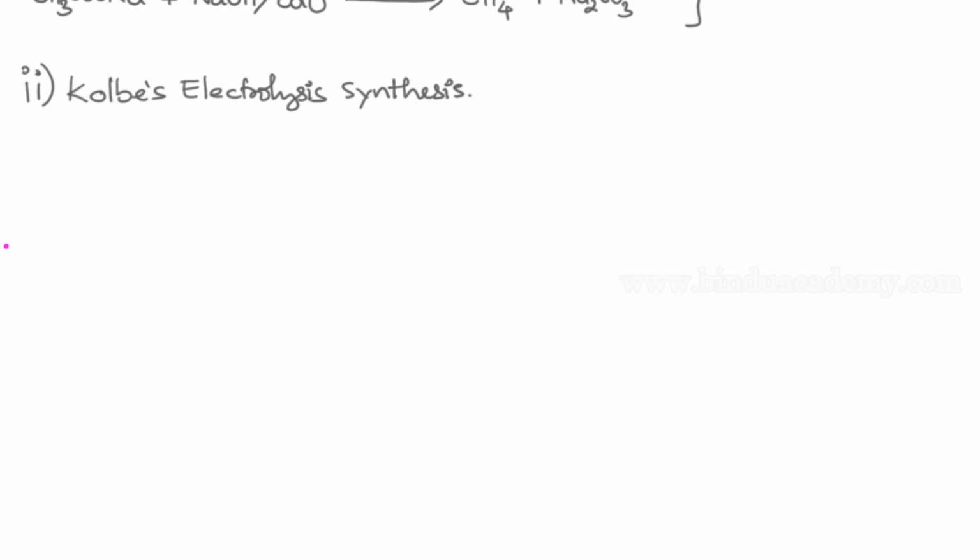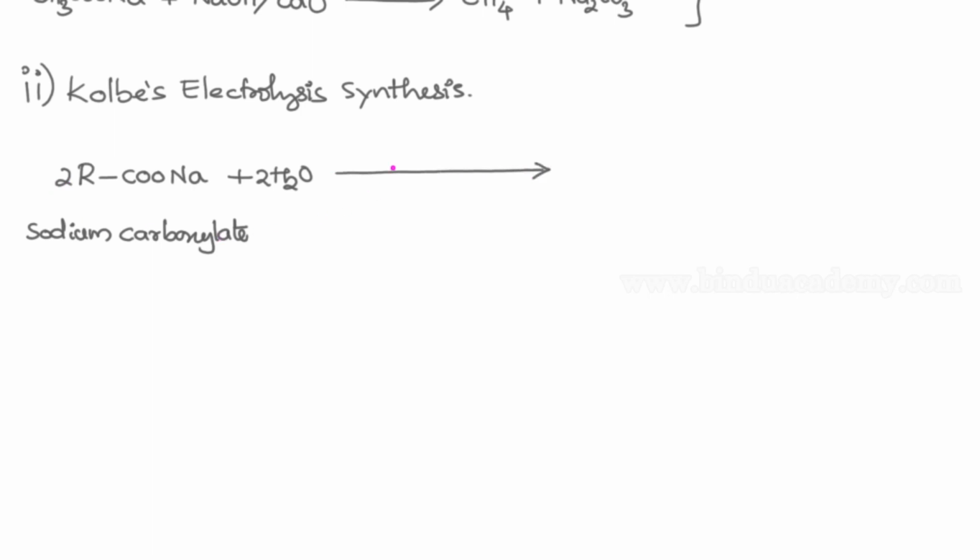Now what I will do is take the same molecule, that is sodium carboxylate, general formula RCOONa, and you have to mix with water, that is H2O, 2 molecules of H2O, with 2 molecules of sodium carboxylate, and electrolyze it.